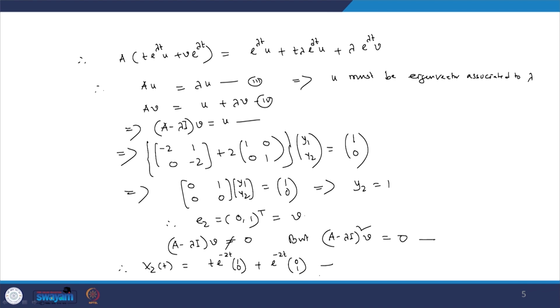Now, you see at t equal to 0, I am getting x2(0) equal to the vector (0, 1) and x1(0) equal to the vector (1, 0). Both are independent of each other. Therefore, x1 and x2 are also independent.